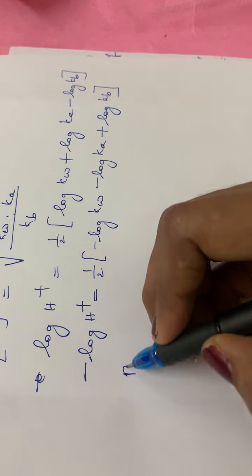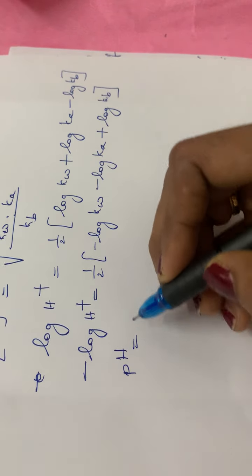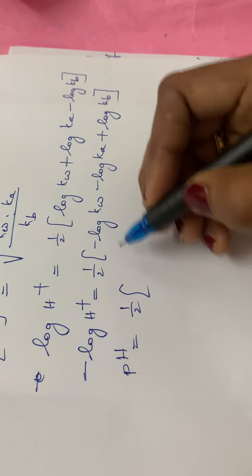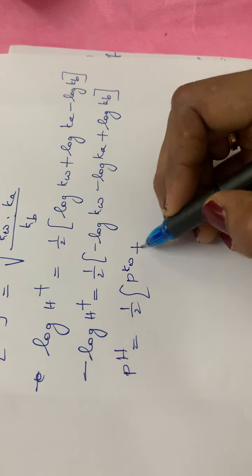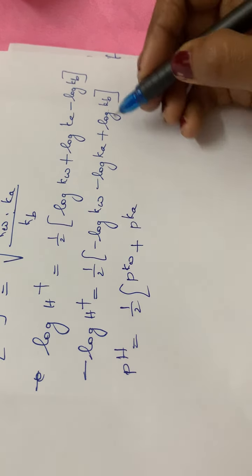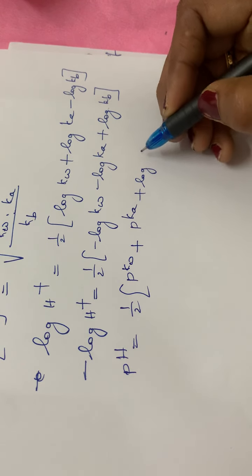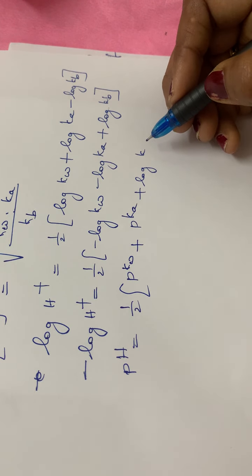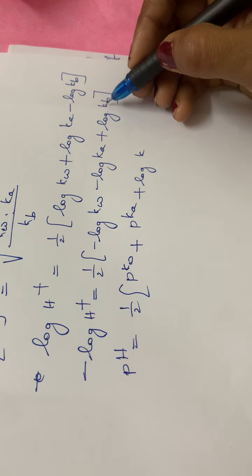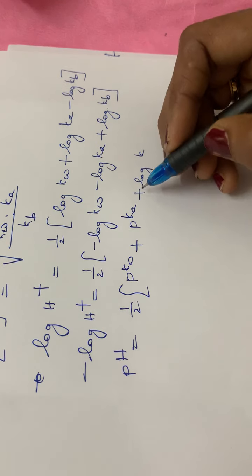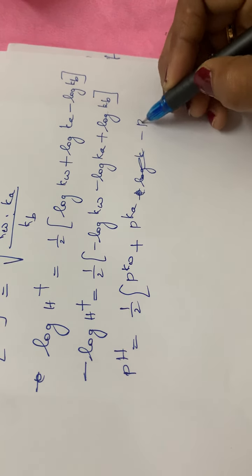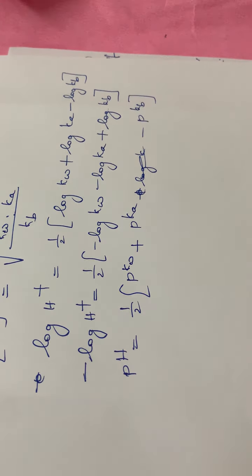Therefore minus log H plus is equal to pH, and minus log Kw is pKw, minus log Ka is pKa, and plus log Kb is minus pKb.